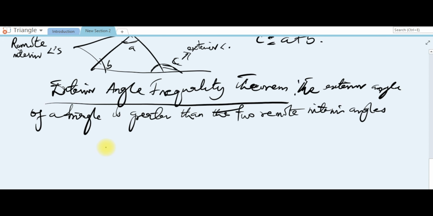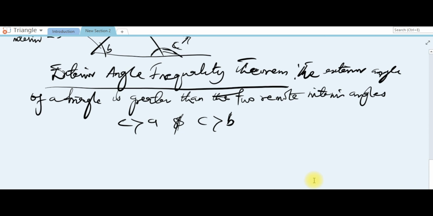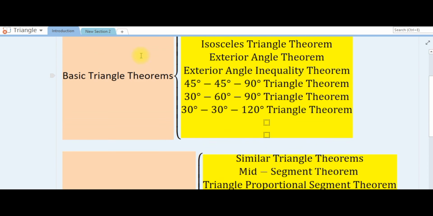From that diagram, we are saying that C must be greater than A and C must be greater than B. It's correct because the sum is equal to C, so automatically C must be greater than A and B.